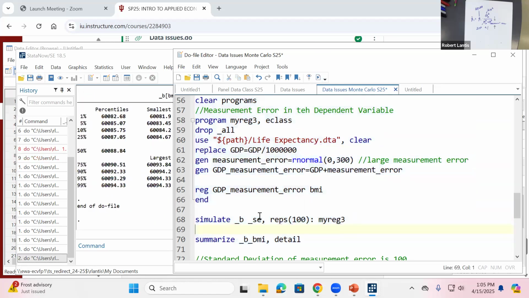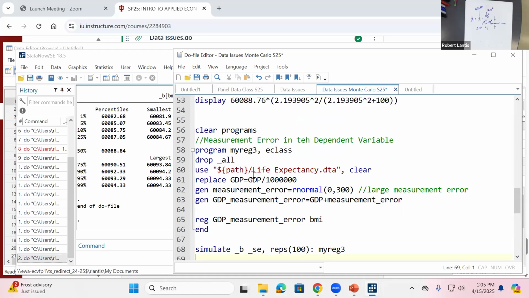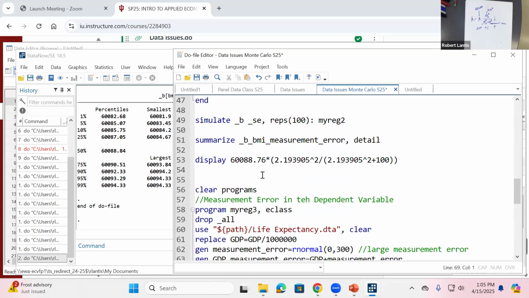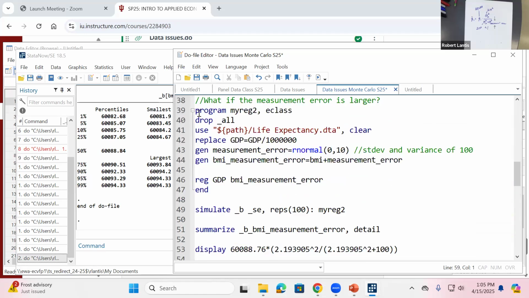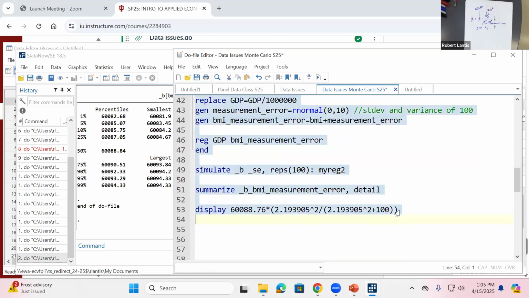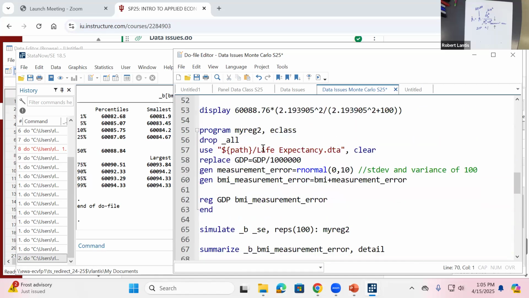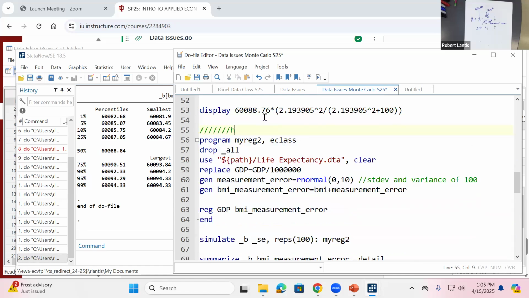So if I run this, oh, what did I not do? Oh, this is a different one. Sorry. Scratch that idea. I'm going to copy and paste this then. I thought I had it in the file. I was just kind of guessing what I was going to do. So let's call this new one huge variance.